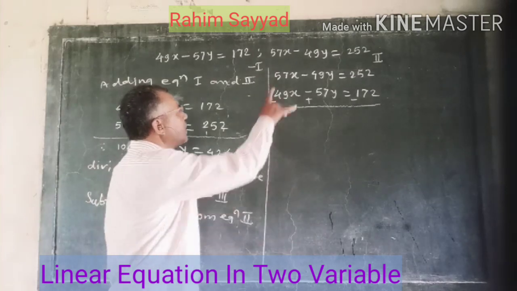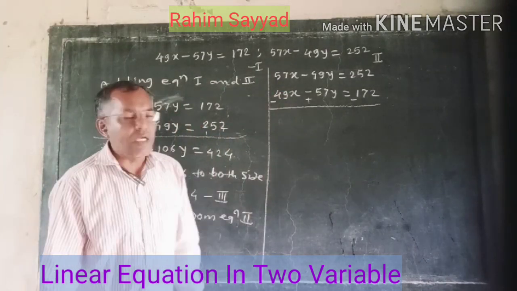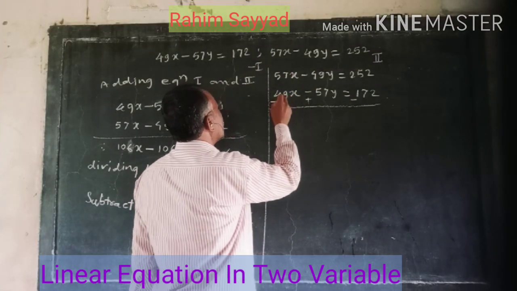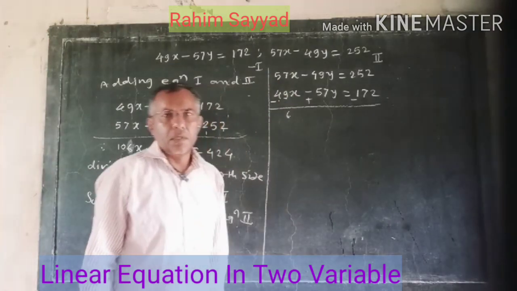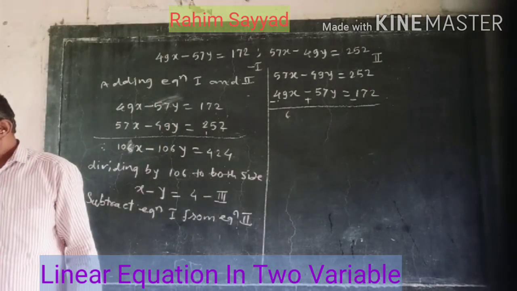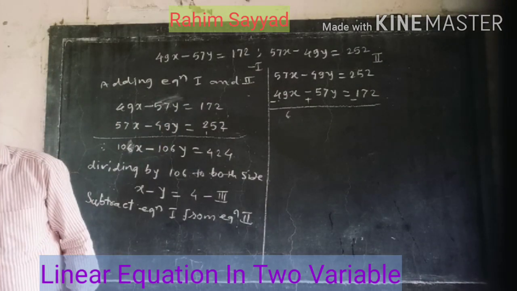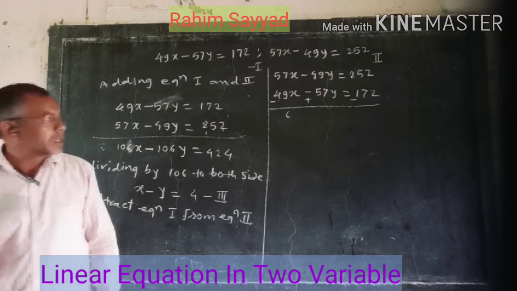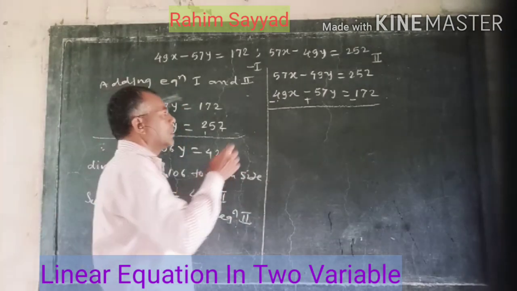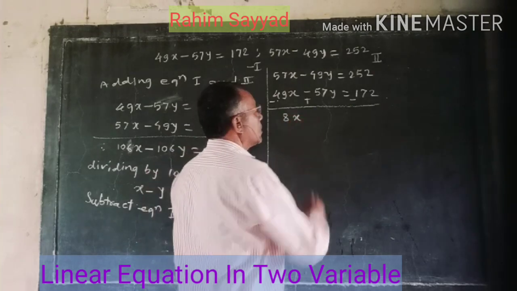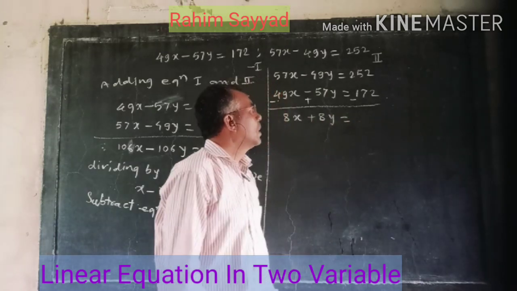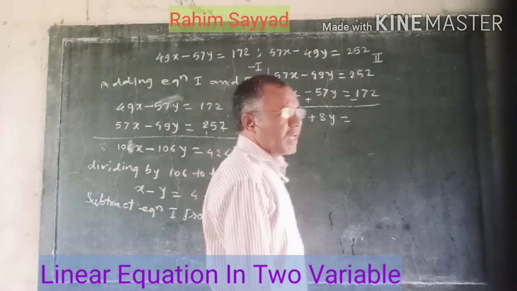Now boys, 57 minus 49 is equal to 8. There remains 8x plus 8y is equal to 252 minus 172.